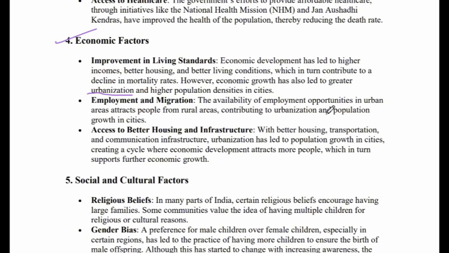The availability of employment opportunities in urban areas also attracts people from rural areas, which contributes to urbanization and population growth in cities. Now, with better housing, transportation, roads being developed, and communication infrastructure, mobile facilities are there for everyone. Even the poorest of the poor can afford a phone now.